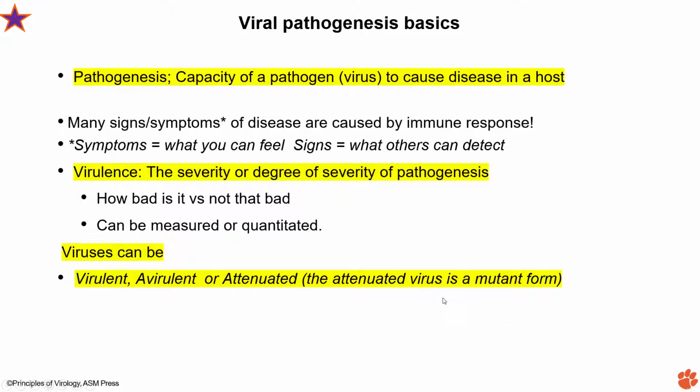If we have a question like this, viruses can be found in which of the following forms: virulent, avirulent, attenuated, mutant. Do not choose mutant if it says not found. They will be found in all different forms.